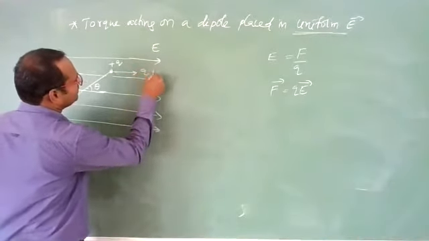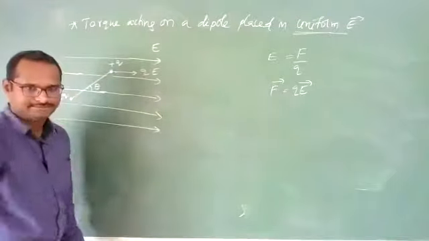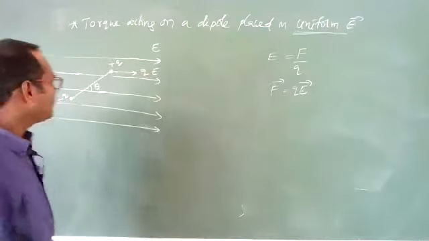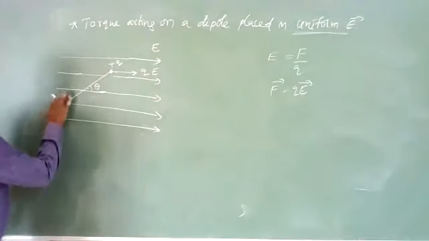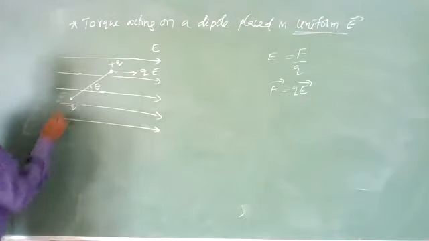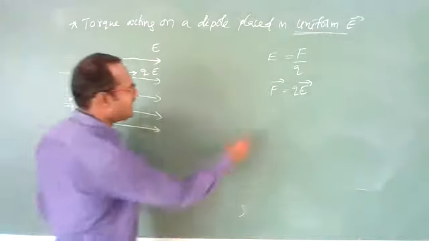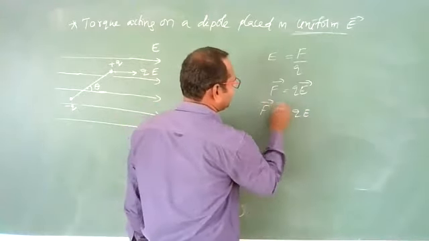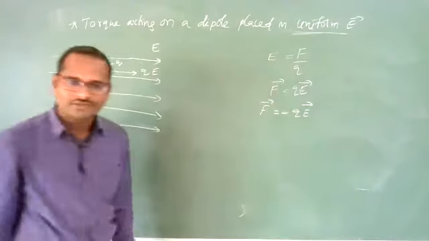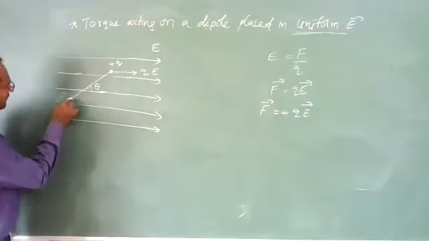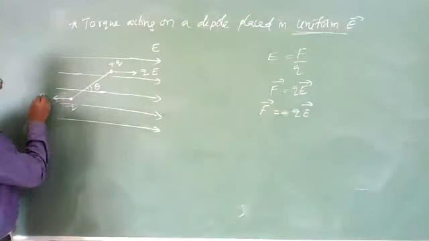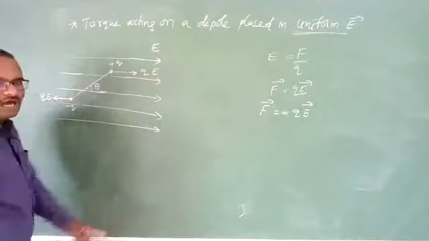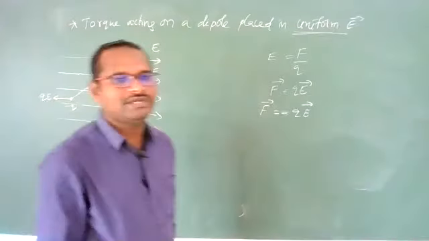Similarly, on the negative charge also, a force will act. How much force? Minus QE. The minus sign indicates they are in opposite directions. So a force QE will act in the direction opposite to the electric field.